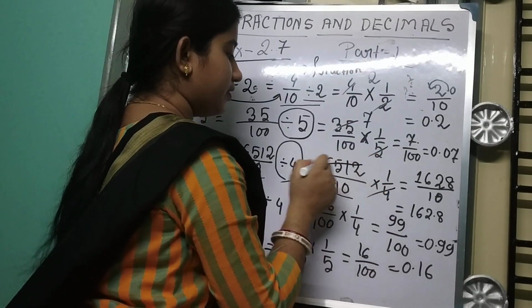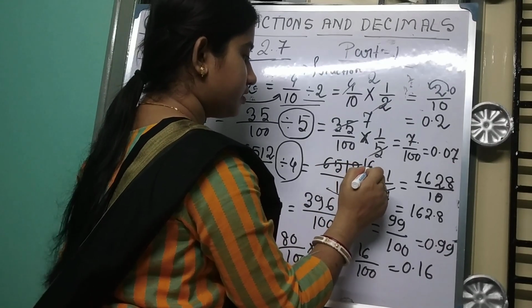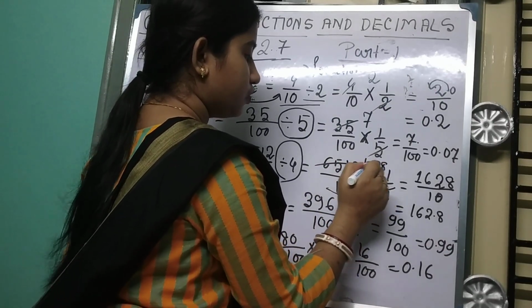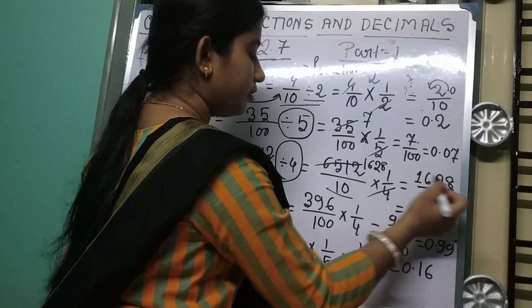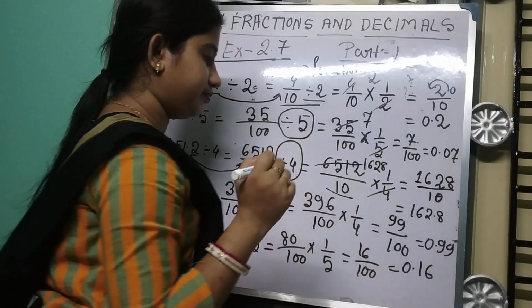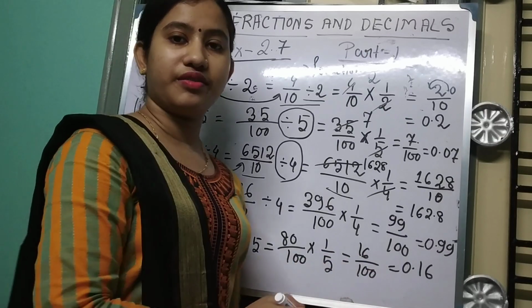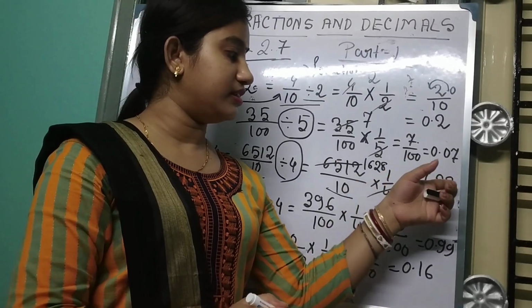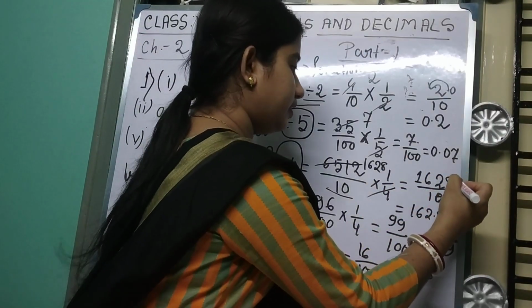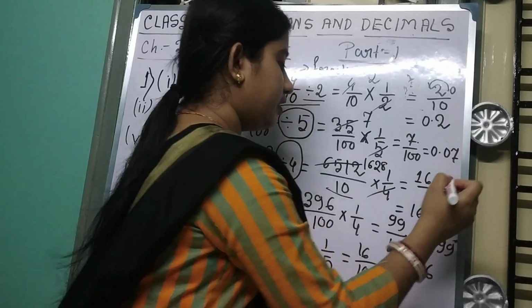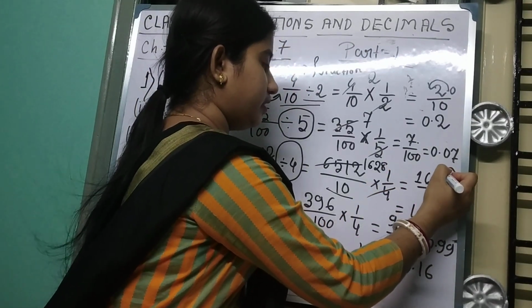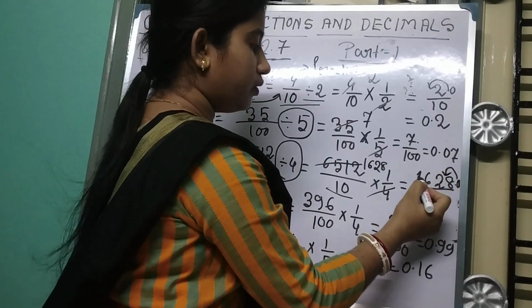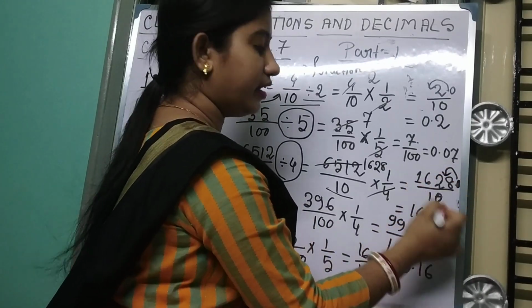So if we simplify this, then we get 1628. So 1628 into 1, that means 1628 by 10. So we shift the decimal point by 1 place. So we get 162.8.